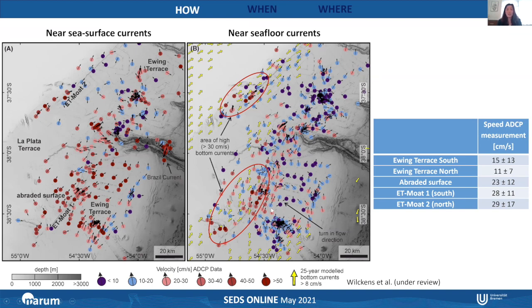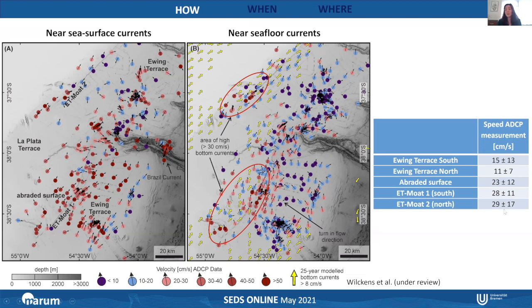But when we have a look at the near seafloor currents, they are already a bit weaker. But there are some zones here in pink and red where the currents are still high near the seafloor. And actually these correspond to zones where we see the abraded surface and also some moats.